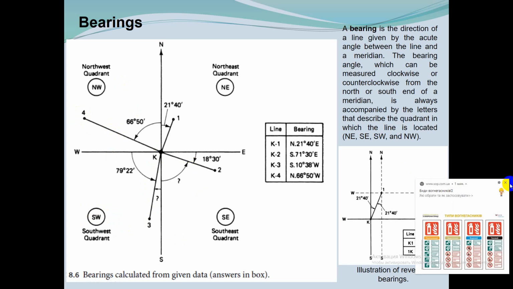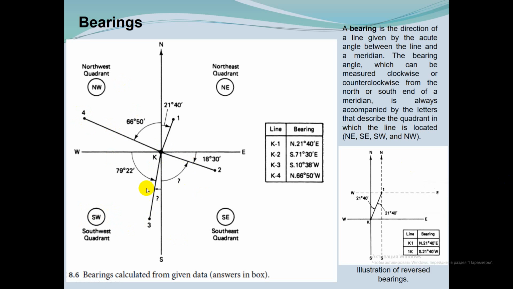So, for understanding the concept of bearing, the given angles for lines K1 and K4 are acute angles measured from the meridians and as such are bearing angles.